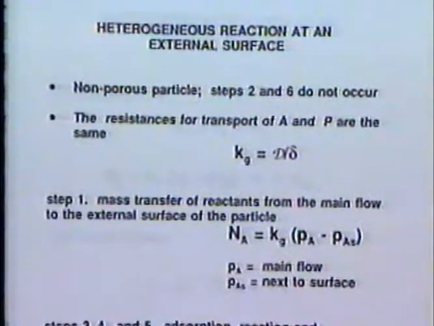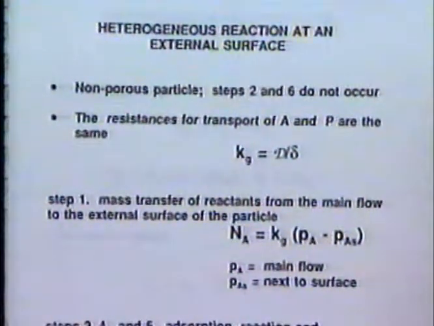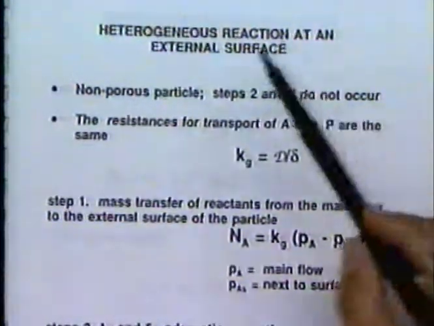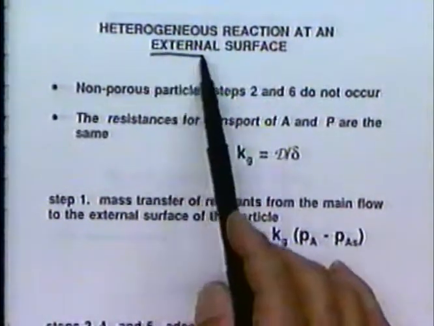Now we have all the elements to look at the complete picture of mass transfer to a catalytic surface. For simplicity, we will assume that we have a non-porous particle, so we are going to look at heterogeneous reaction at an external surface.